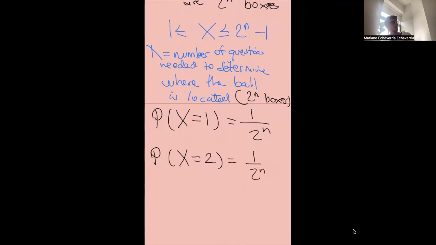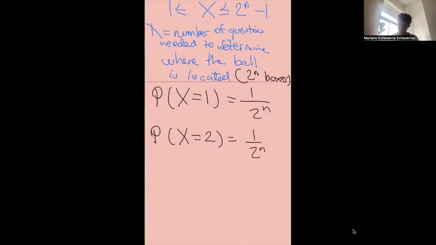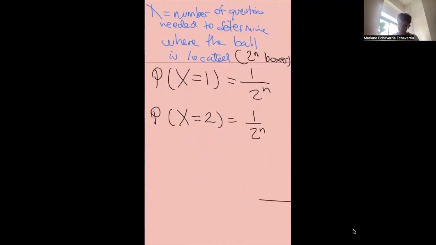Then you keep going. Now you get to the second to last question, and that still continues to be 1/2 to the n.